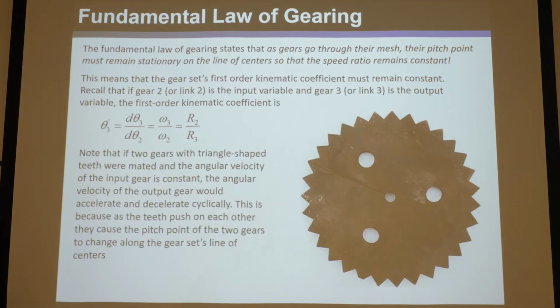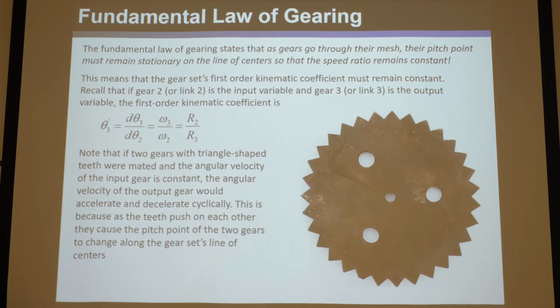Note that if two gears with triangle-shaped teeth were mated and the angular velocity of the input gear is constant, the angular velocity of the output gear would accelerate and decelerate cyclically.